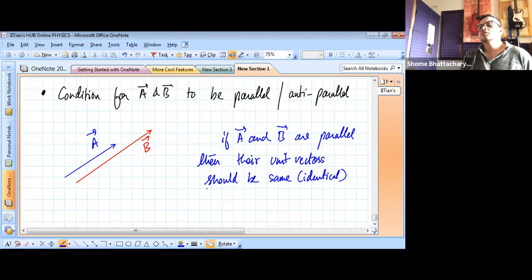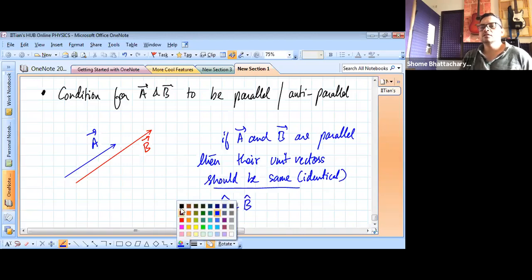A cap is equal to B cap. A cap is a vector of magnitude 1 along the direction of A, and B cap similarly is a vector of magnitude 1 along B. If they are parallel to each other, then this unit vector is the same as this.